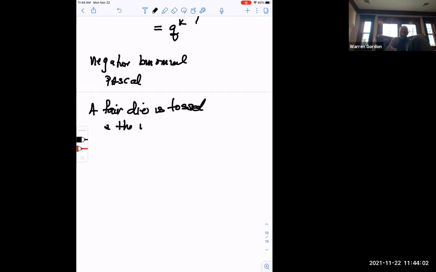And the number of times and the number of threes is recorded. So we're tossing a die.